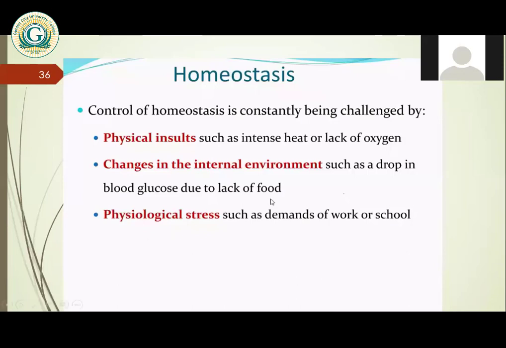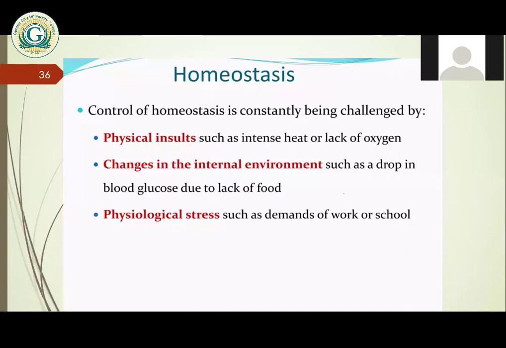As human beings, homeostasis is affected day in and day out by the physical stimuli we find around ourselves, such as heat, cold, lack of oxygen, and different pressure.